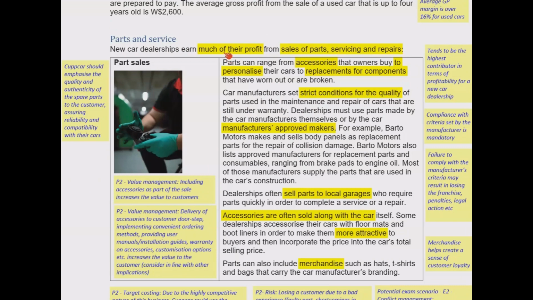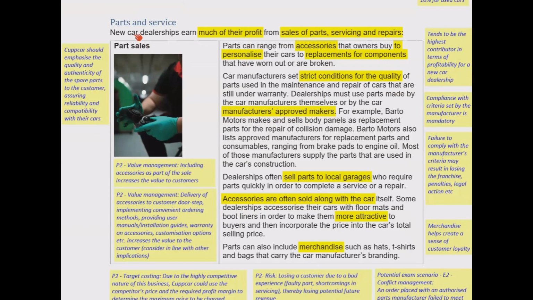They can generate way more profit than the sale of new cars or even used cars. It's vital that a dealer has a really strong offering in terms of these parts and services, but also that it does them very, very well.